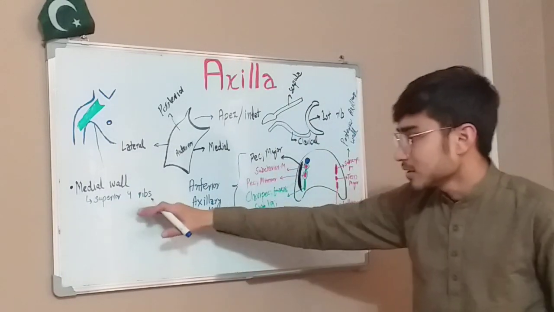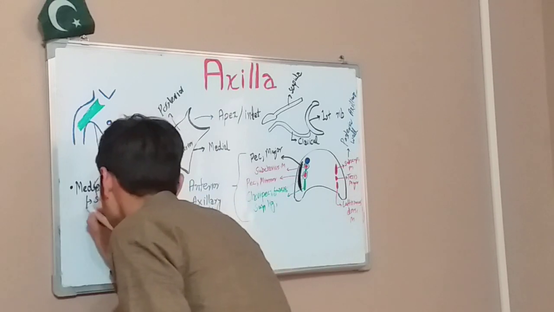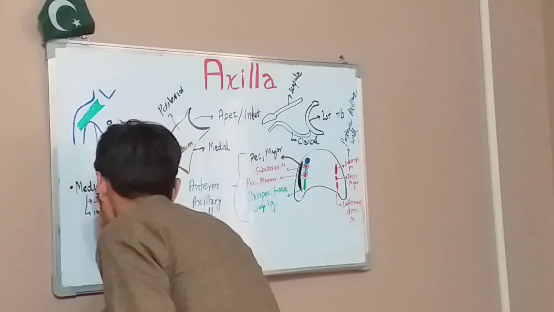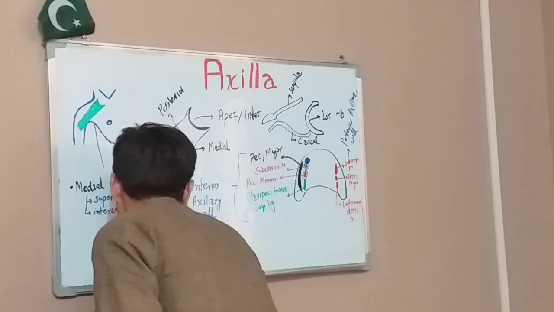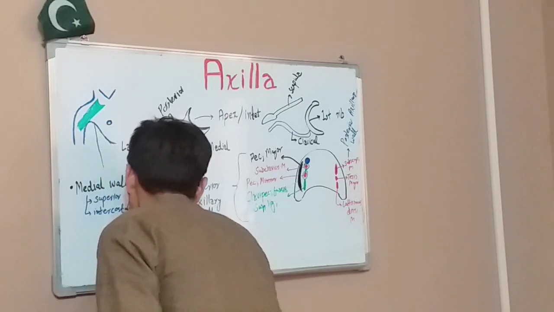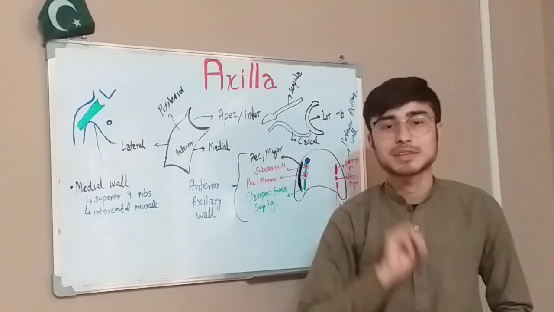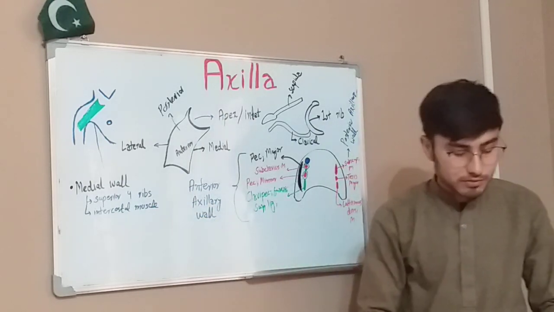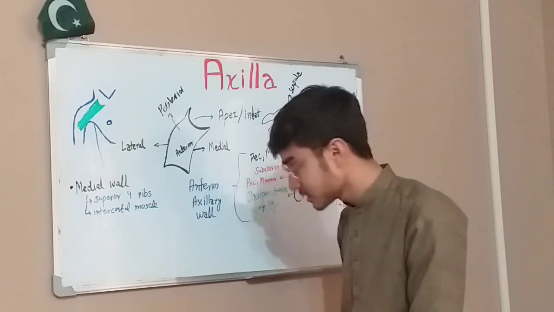then the intercostal muscles that are present between the ribs. And you should remember that we have three kinds of intercostal muscles. One, we have the external intercostal muscle.